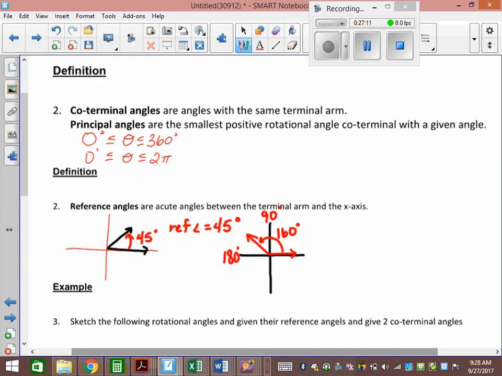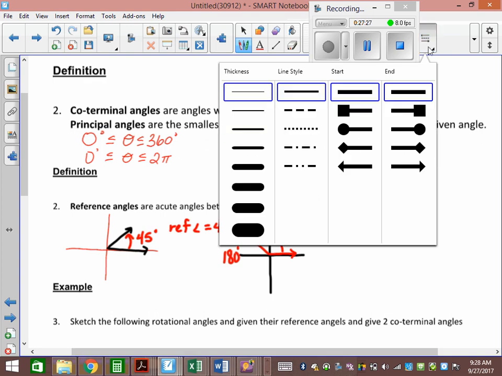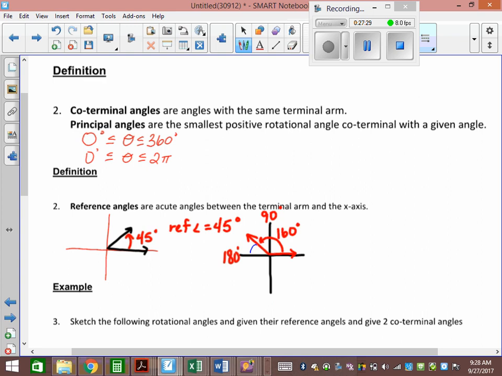My reference angle definition is the angle from the terminal arm to the x-axis. What would it be in this case? 20. So it would be right here, which is 20. So this one would have a reference angle of 20. So the only one that has the same reference angle as its angle is the one in quadrant 1, right?